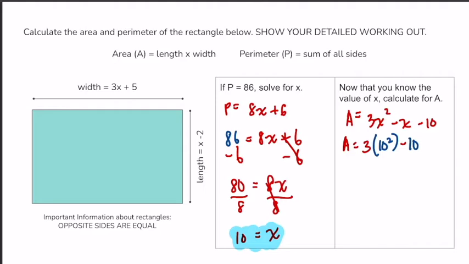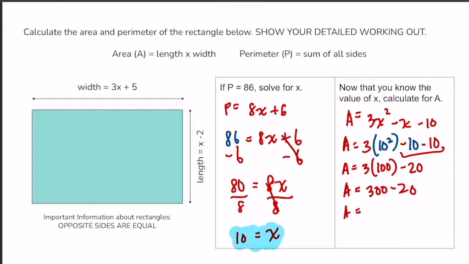See what I did? I just substituted x for the value of 10. Okay, BIDMAS, do brackets first. So this becomes 3 times 100. And I simplify this already to negative 20. A is equal to 300 minus 20. A is equal to 280. Okay, so that's how you do this one.